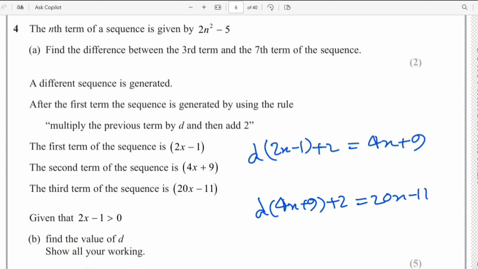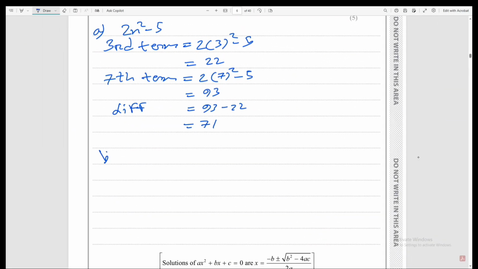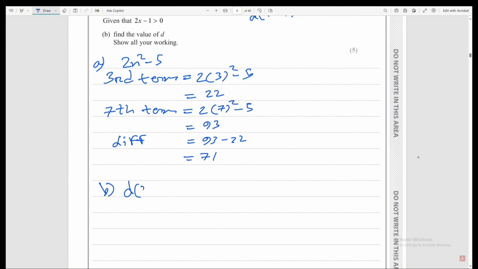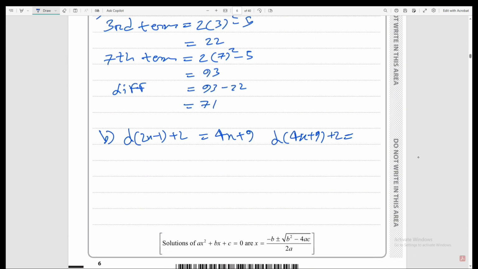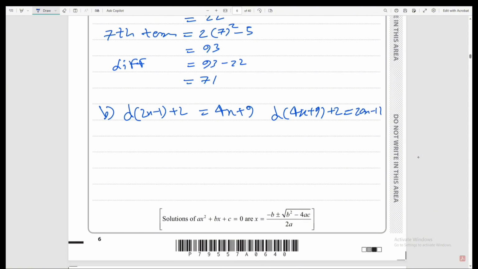So we have two equations of d and x, which is d into 2x minus 1 plus 2 equals 4x plus 9, and d into 4x plus 9 plus 2 equals 20x minus 11. As we have two equations of d and x, we can figure them out by solving them simultaneously.